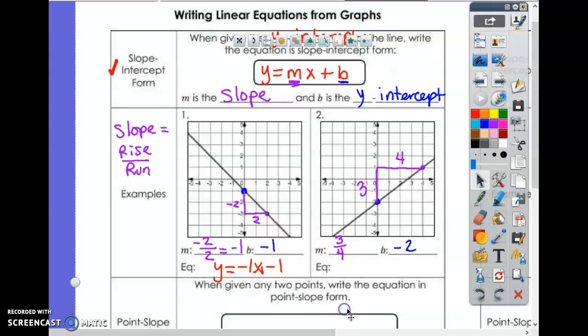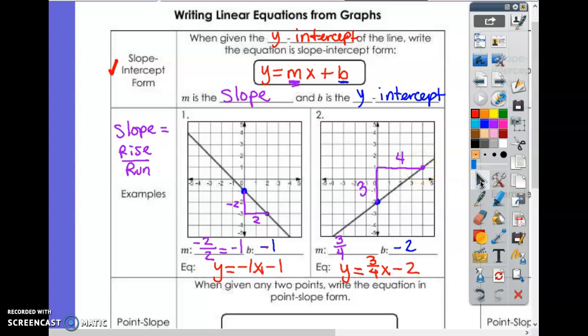The next one, y equals, what's my m? 3/4 x, don't forget your x. What's my b? -2. So if I type this equation in the calculator, it should look like this one.